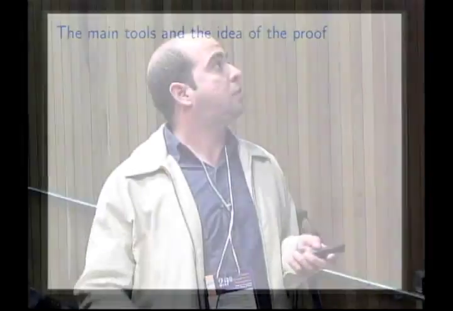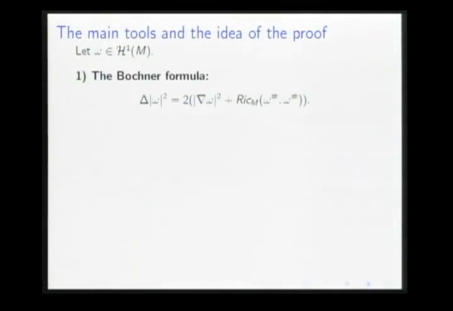Well, the proof is very technical and quite long, and I'd like just to mention some of the main tools and the basic idea. When we have a harmonic one form, we can use the Bochner formula and the refined Kato inequality.